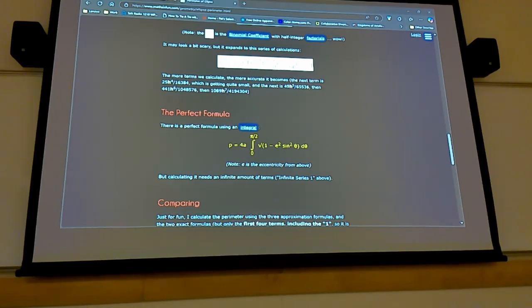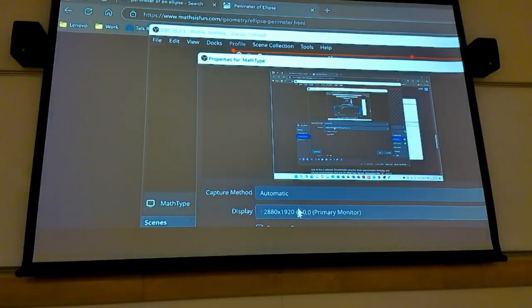I need to add no screen share. Added. No, wait.